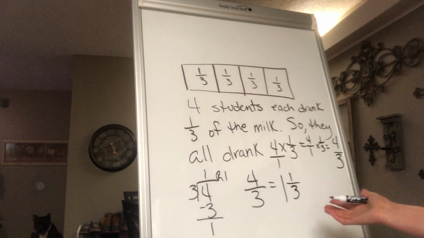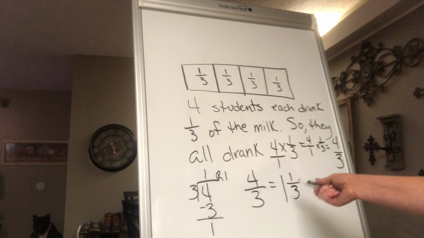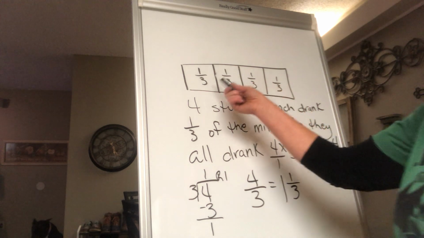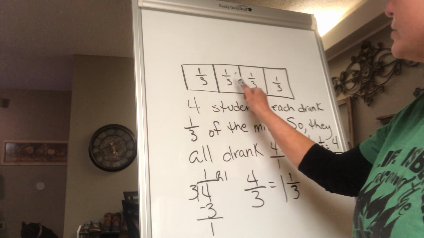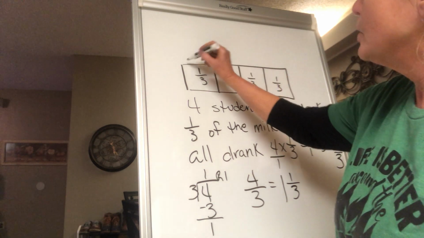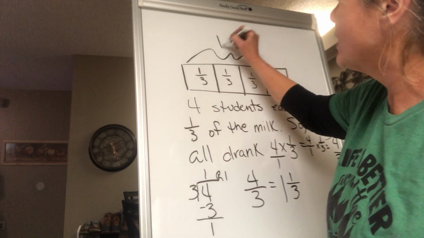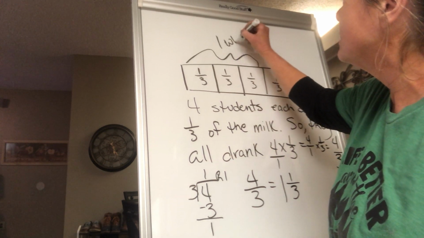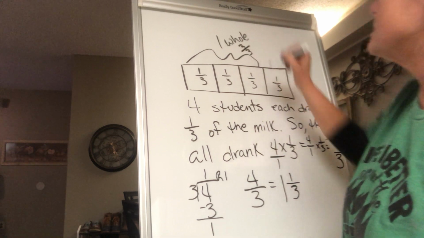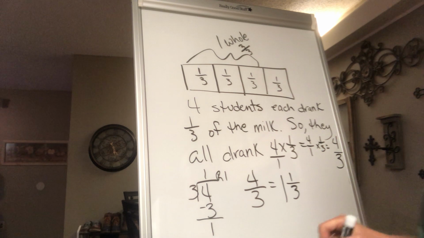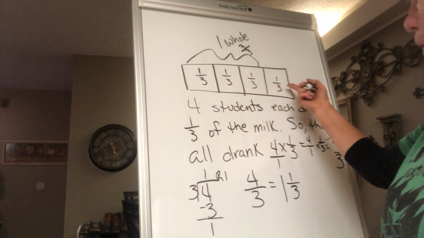And it makes sense that all together they drank 1 1/3, because if we look up here and add them together, we would have 1/3, 2/3, 3/3, which gives us 1 whole, because 3/3 is equal to 1 whole, and then how much more? 1/3.